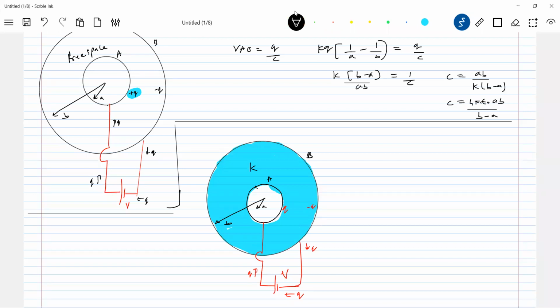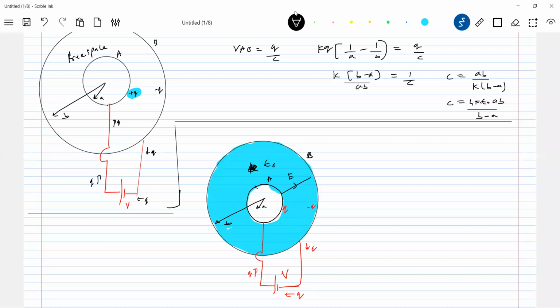So the potential will become, this is epsilon r, no? This K and that K, epsilon r, I'll write it. How will the electric field be like this?